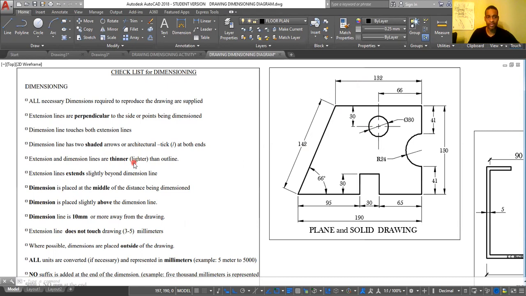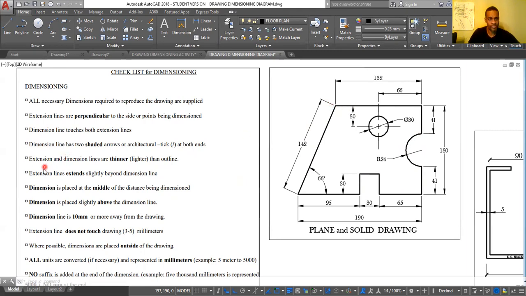Also, check to ensure that the extension line and the dimension line are thinner than the outline. There needs to be a distinction between the outline for the drawing and your dimension line, as stated here. Clear distinction. So this is made from a 0.3 millimeter line, while this is 0.25.